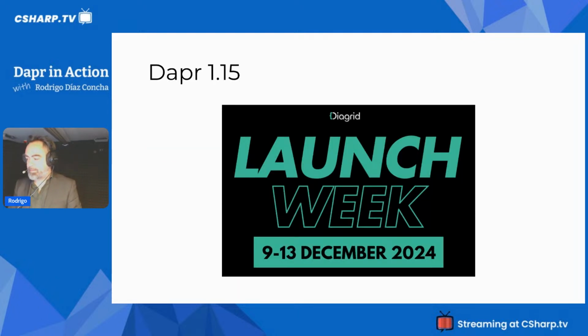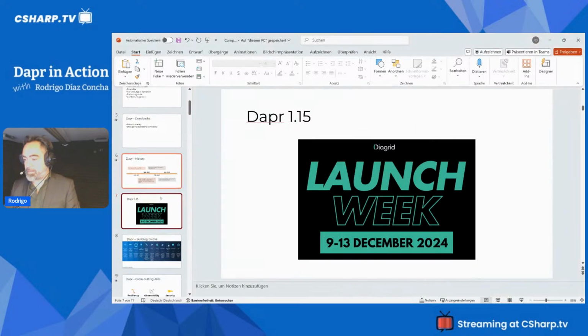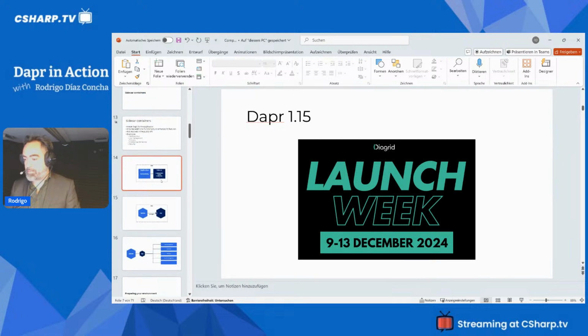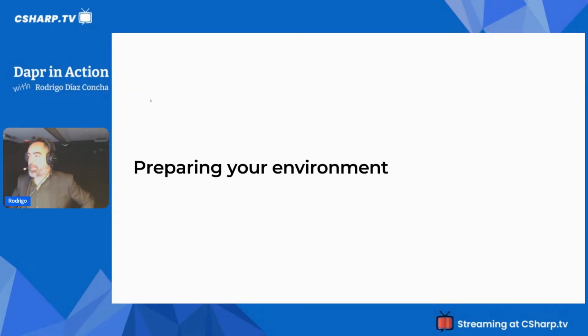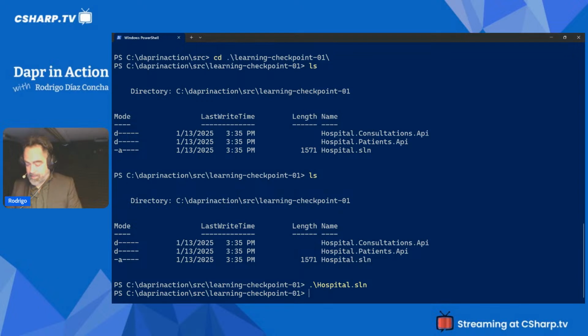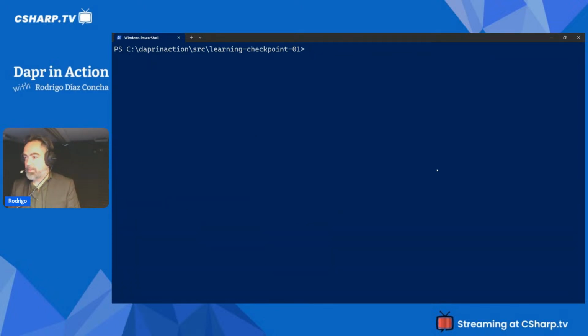And actually, let's go right here because I want to talk about the environment. Remember that you need to install Dapr, right? You need to download the Dapr CLI, and then you have to initialize Dapr. So let's go ahead and, here in the terminal, you have to type something like dapr init after you install the CLI.